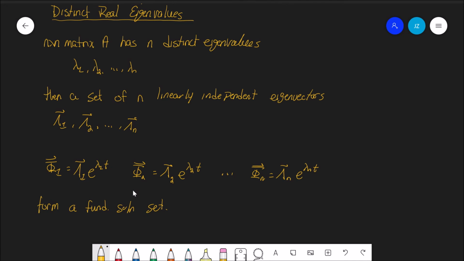And then, as we know, the general solution would just be a linear combination of these n solution vectors.